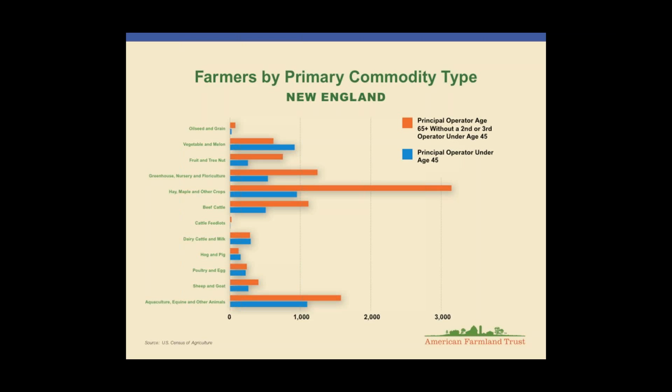In New England, there are many fewer young farmers in fruit. There are many fewer young farmers coming into nursery and greenhouse, and not surprisingly, quite a number who are not coming into hay, maple, and beef cattle. My assumption is that there are many more seniors because those are folks who've gone out of dairying and have stayed in hay and have converted to beef cattle particularly.